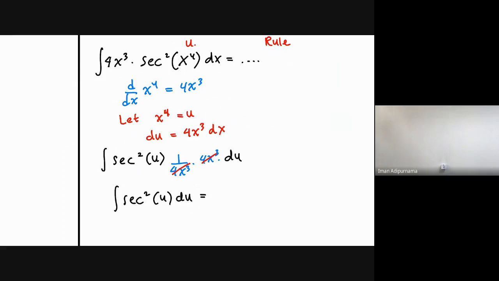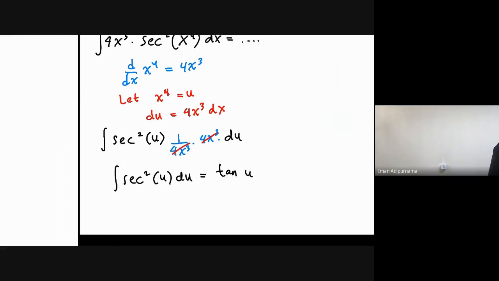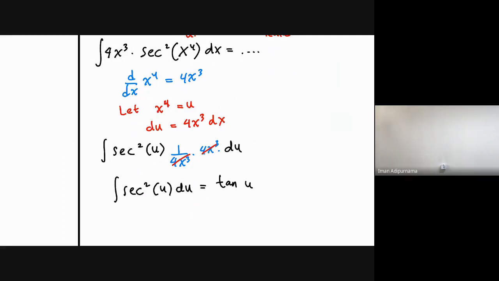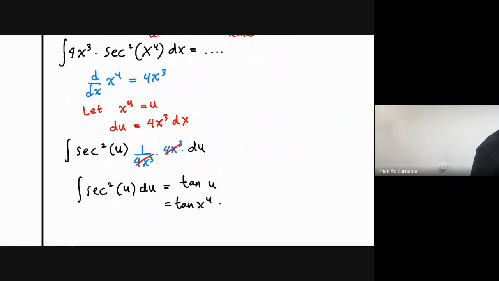And this is just tangent u. Let me write tangent u first. But because u is x to the 4, and I want to make it the original x, let me change the u into x to the 4. And don't forget, we add the constant.